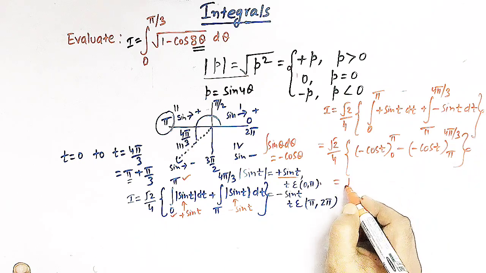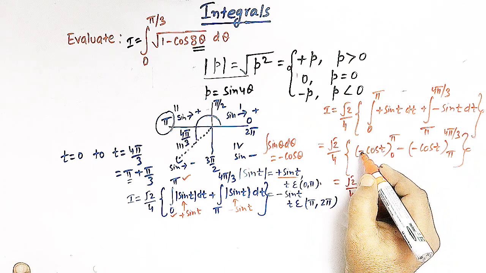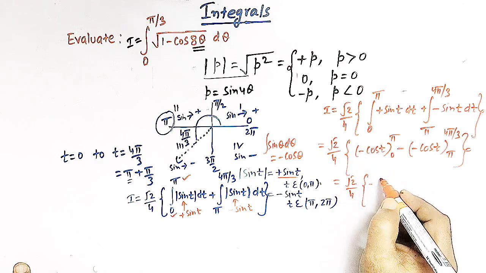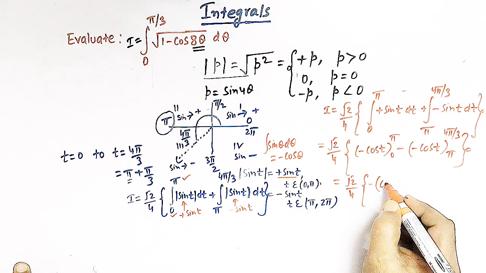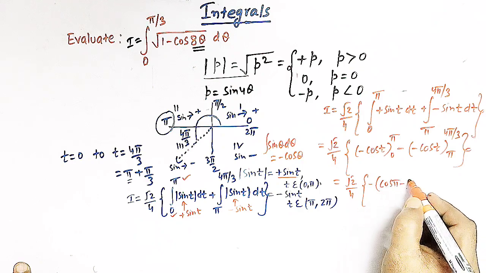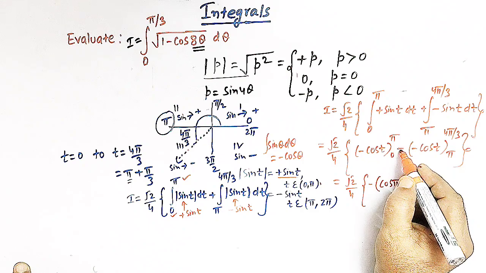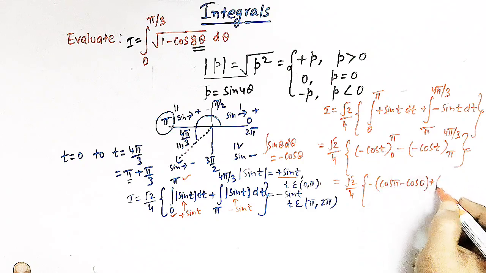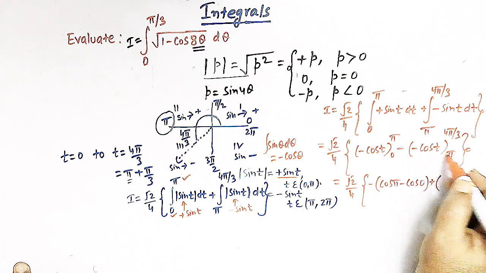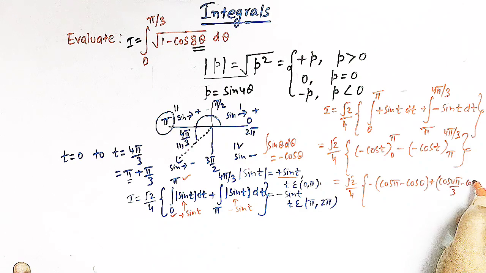So now we can write square root of 2 over 4, and here we can take the negative sign outside, and then we can substitute the limits and take the difference. So we have cos pi minus cos of 0, and here this negative and this negative when multiplied together become positive, and substituting the limits and taking the difference, we have cos 4 pi by 3 minus cos of pi.